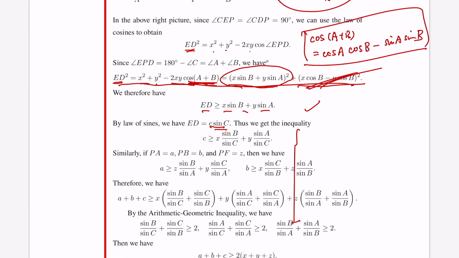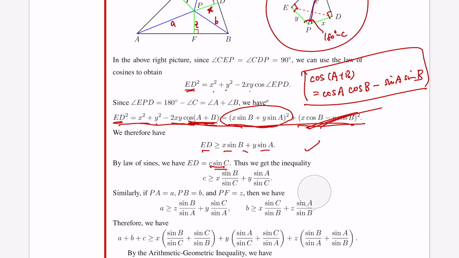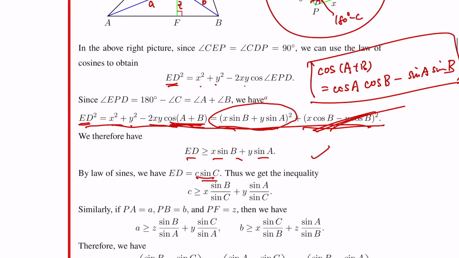And so therefore, by dividing sine C on both sides of the above inequality, I would get c is bigger than or equal to x times sine B over sine C plus y times sine A over sine C. Okay, so that's the fundamental inequality we obtained.